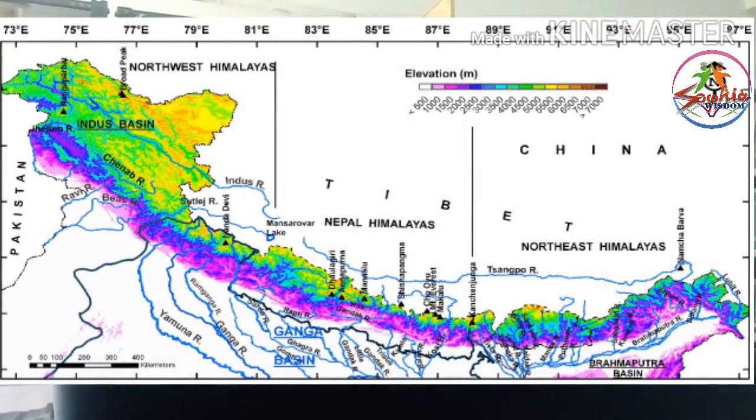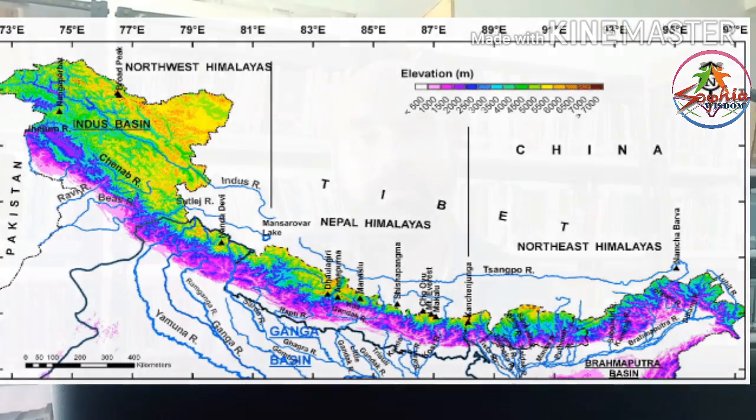In the Brahmaputra Valley, the Himalayan mountain ranges take a deep bend and extend towards the southern region, going across to the northeastern states. We can call the Brahmaputra Valley the eastern boundary of the Himalayas. We said the Himalayas are mountain ranges running from the west to the east.